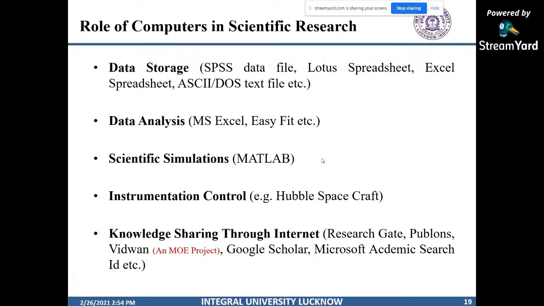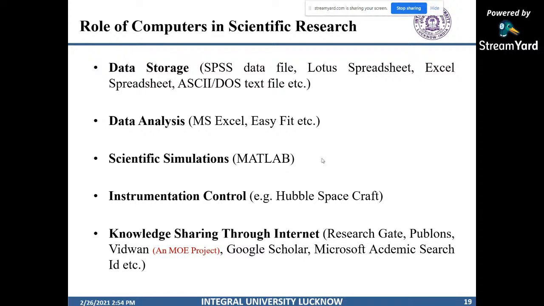For example, the Hubble spacecraft has its own on-board computer system which is remotely programmed to probe deep space, and instrumentation control is one of the most important applications of computers. So suppose you have an on-board computer, and that computer is programmed to control that instrument, then the computer has whole control of that instrument.